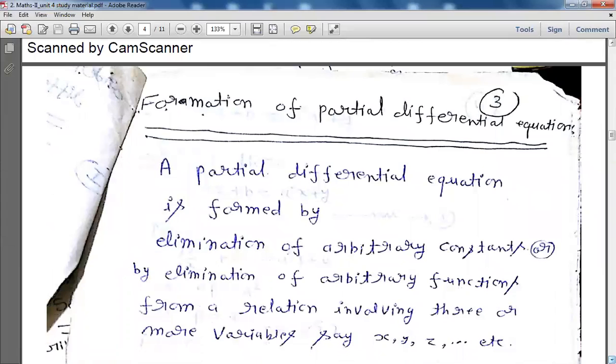Now we shall discuss the formation of a partial differential equation.